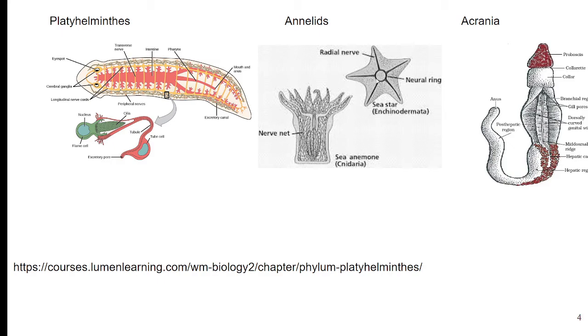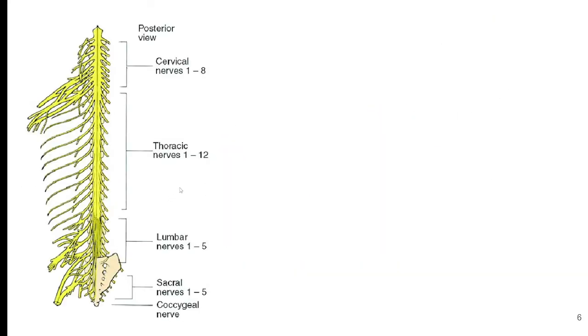In the annelids, the mouth and the neural ring are together, almost close to each other. Then gradually they moved up and separated, and now in human beings you have a gastrointestinal tract which is separate, the nervous system is separate, the cardiovascular system is separate, and so on. These are all stages of evolution.